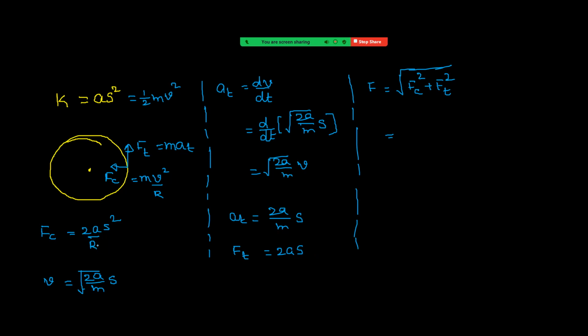I can take 2as outside of both, because 2as and 2as remain. So what is left here? 1 is left, so 1 square.